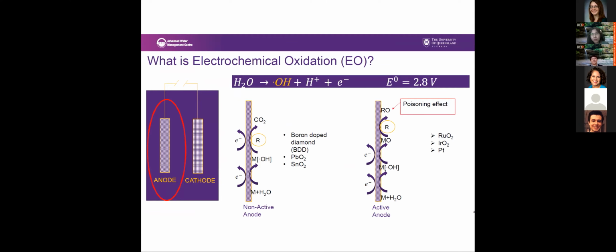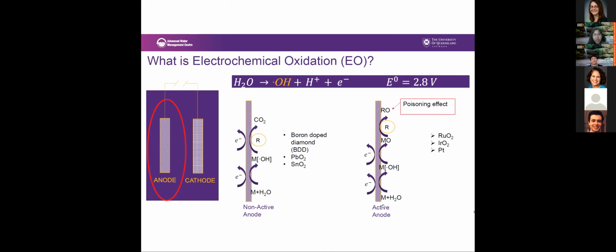I think Suzanne in the previous session discussed some of the theories of electrochemical oxidation. EO is a treatment process which uses electricity to produce oxidative species such as hydroxyl radicals at the anode.